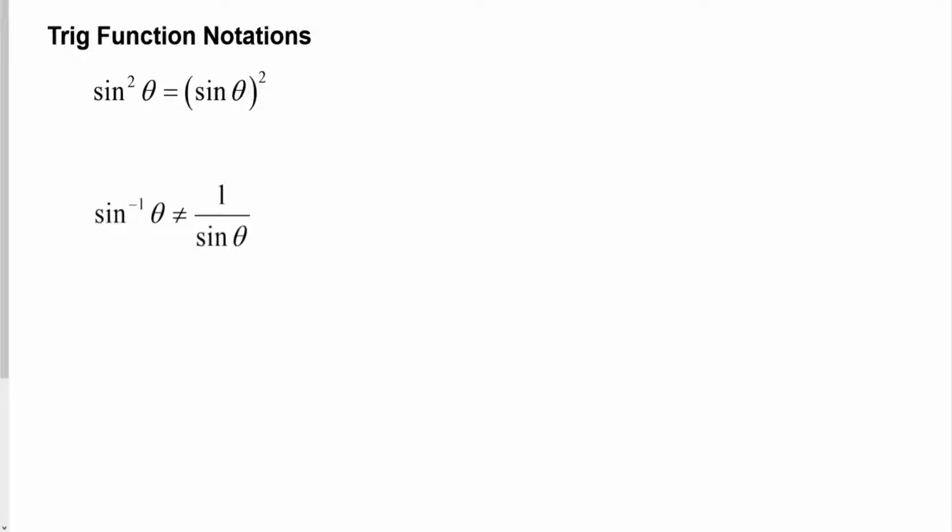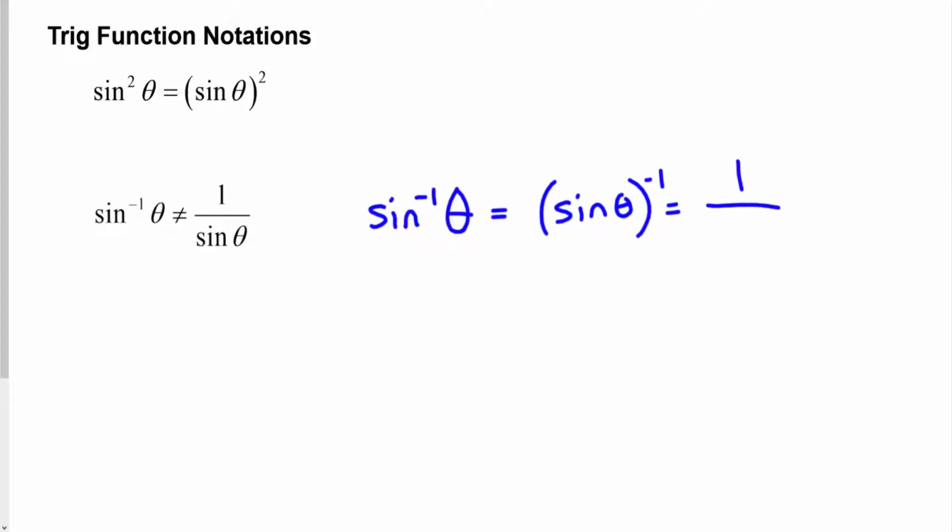Likewise, there's an unfortunate situation where we have a notation that is sine to the -1. Using what we just talked about, you would think that sine to the -1 theta would be sine of theta to the -1 power, which would be 1 over sine theta.